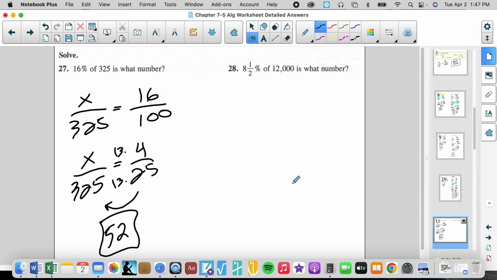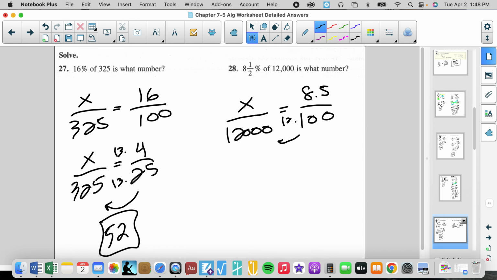So there you go. 8 1/2 is over of equals... whoa, that's a big number. I'm going to just change it to a decimal for the time being, 100. So we're going to multiply that by 120. That gives me 3 zeros. So times this by 120. I don't know what that is, but we'll do this. 120 times 8.5.